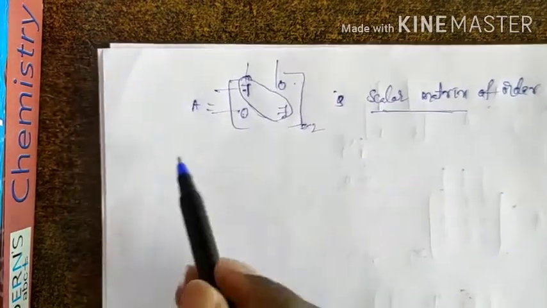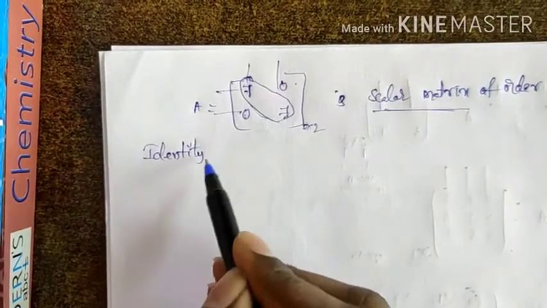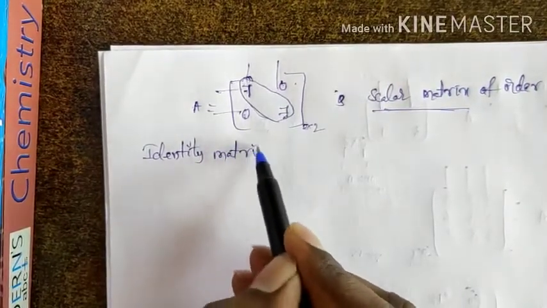Next, one more we have: the identity matrix. Identity matrix, another type of matrix.